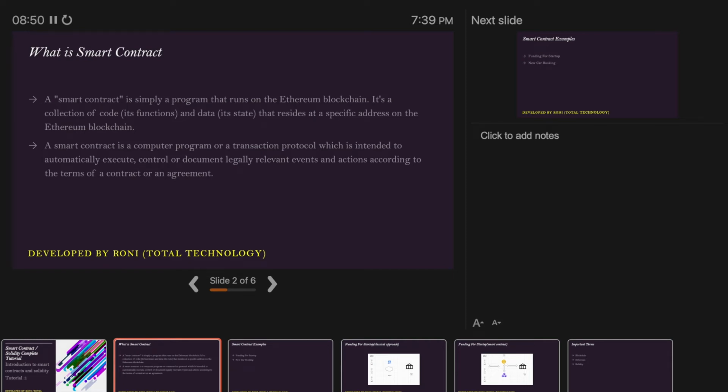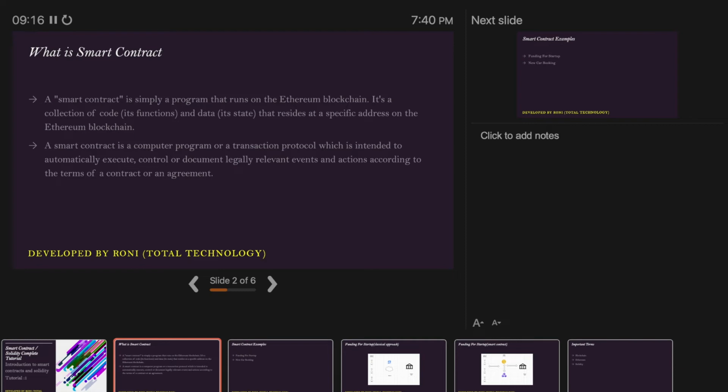Data means it is going to deduct some amount of money as rent, so that rent is the data. And the execution of the deduction from my account to the owner's account is the execution. So you can think of this as consisting of 3 things: rule, data, and execution.